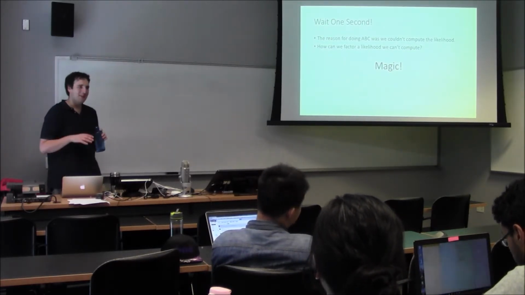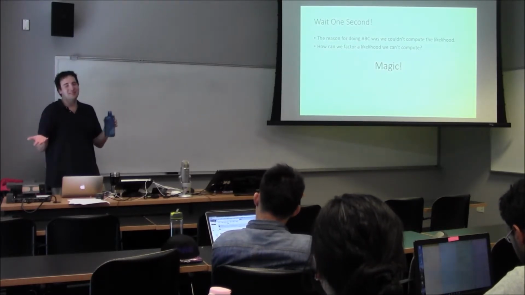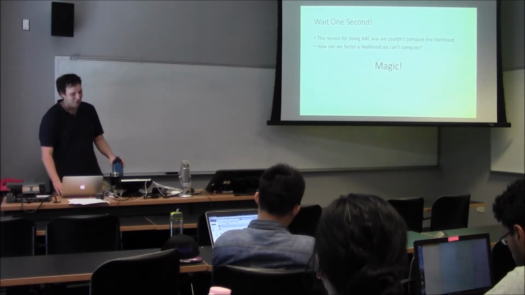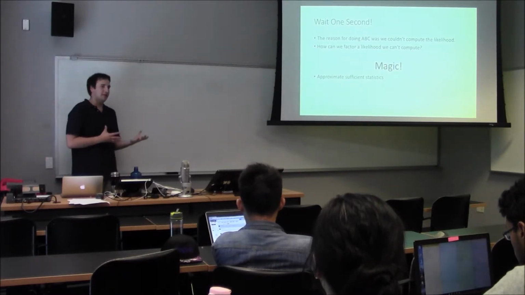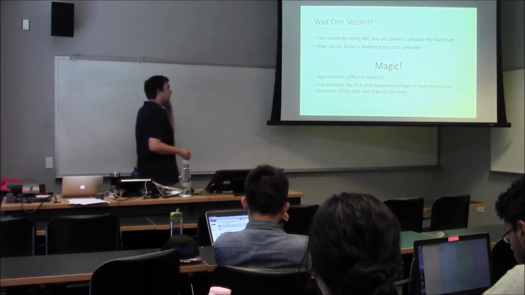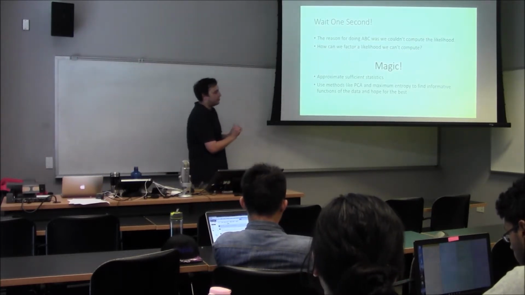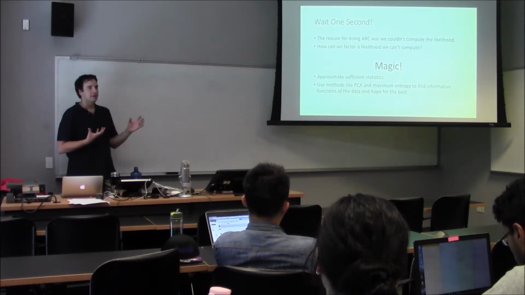This is where it's like, well, you're already doing an approximation, but what's the worst that could happen if you approximate some more? So what people end up doing is figuring out ways of approximating sufficient statistics. You can use things like PCA or maximum entropy, and basically what you're trying to do is find informative summaries of the data.